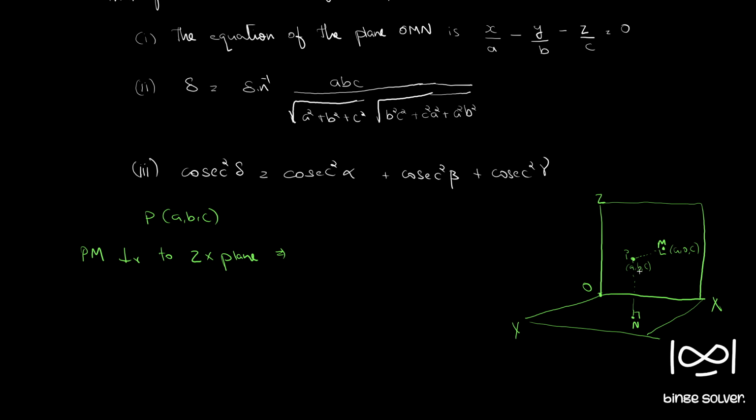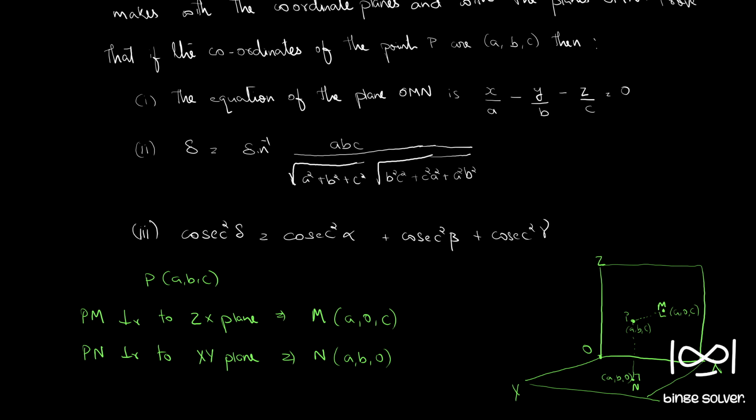Similarly, if you drop a perpendicular to the XY plane, the Z component will become 0 and N will be (a, b, 0). So we got our M and N: M is (a, 0, c) and N is (a, b, 0).